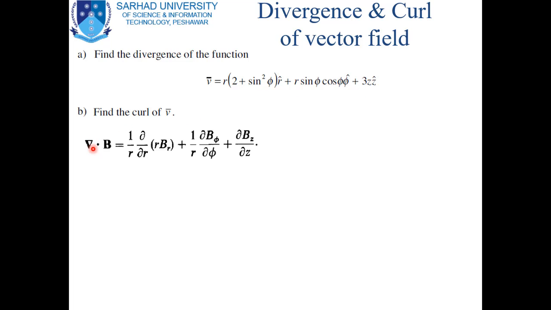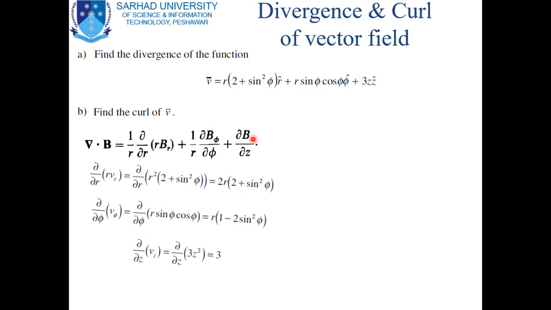The divergence of any vector in cylindrical coordinates can be written as 1 over r del r dr, plus 1 over r del phi of v phi, plus del z of vz. So here we have to put the r component of a vector, the phi component of a vector, and the z component of a vector.